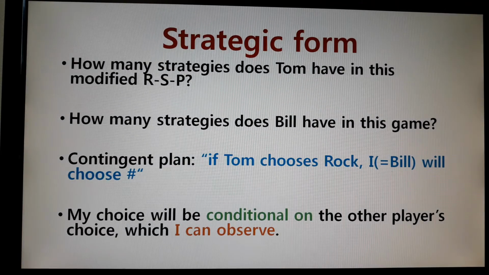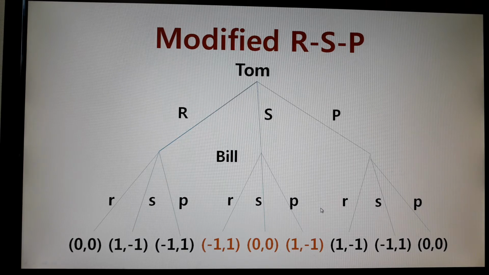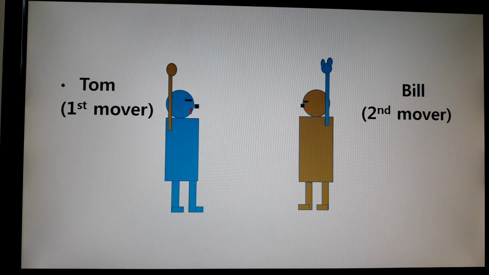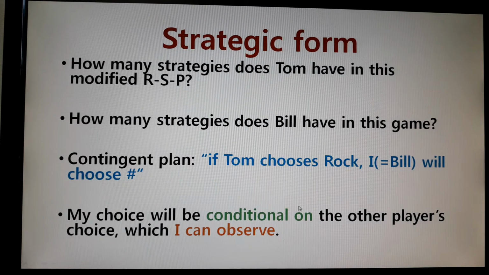Even though we know that Bill will probably win and has the absolute advantage, how can you describe this game? I use these pictures, this extensive form, but if you are asked to describe this game without this kind of picture or word, in a strategic form, then that is a new challenge.